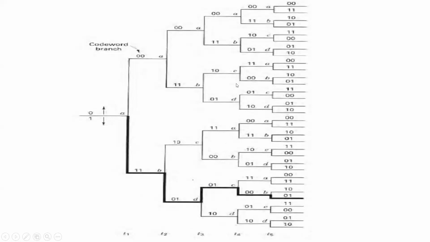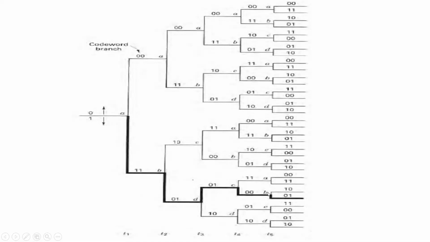This is A, B, C, D on the upper half, A, B, C, D on the lower half. If you go further, it is A, B, C, D, A, B, C, D for the upper half, and A, B, C, D, A, B, C, D for the lower half. So you can look at the tree diagram and find out that after the constraint length is over, the upper portion of the tree diagram is identical to the lower portion.